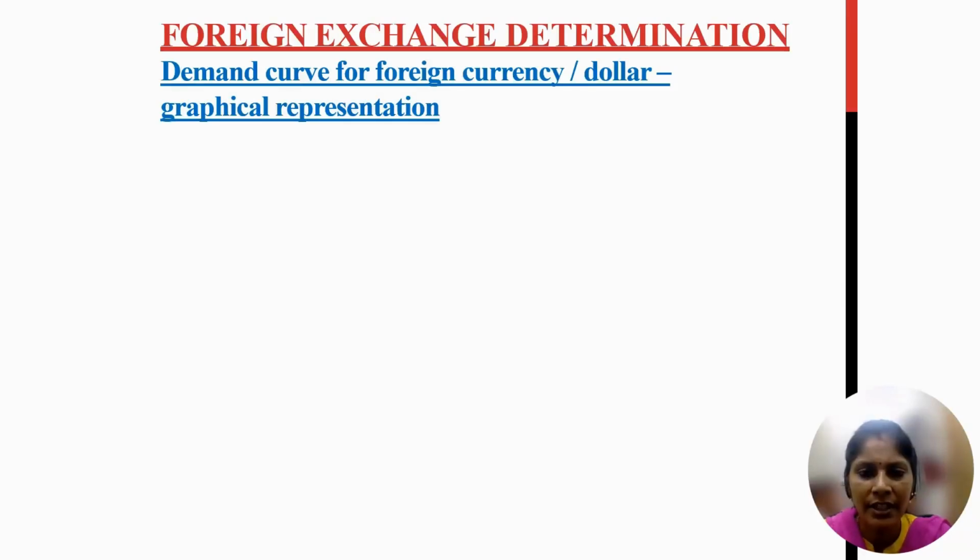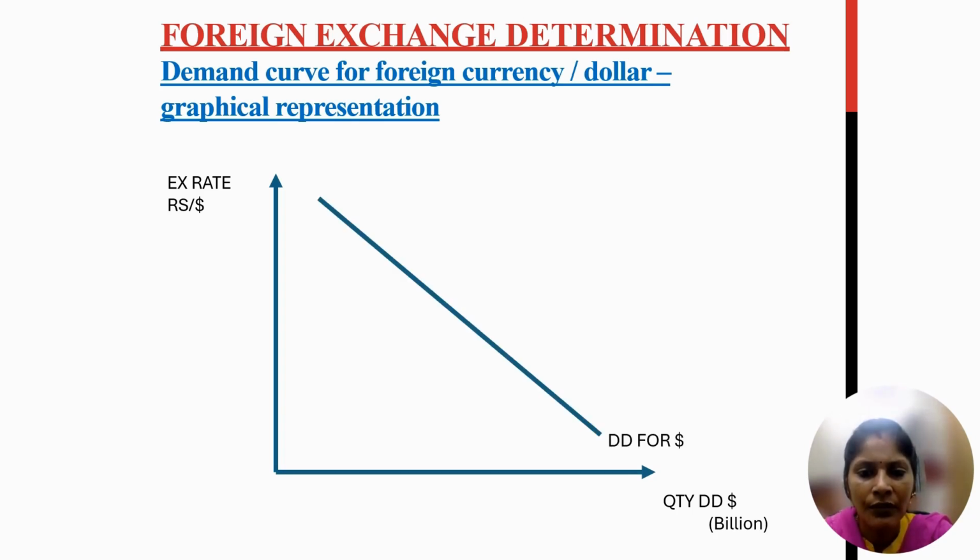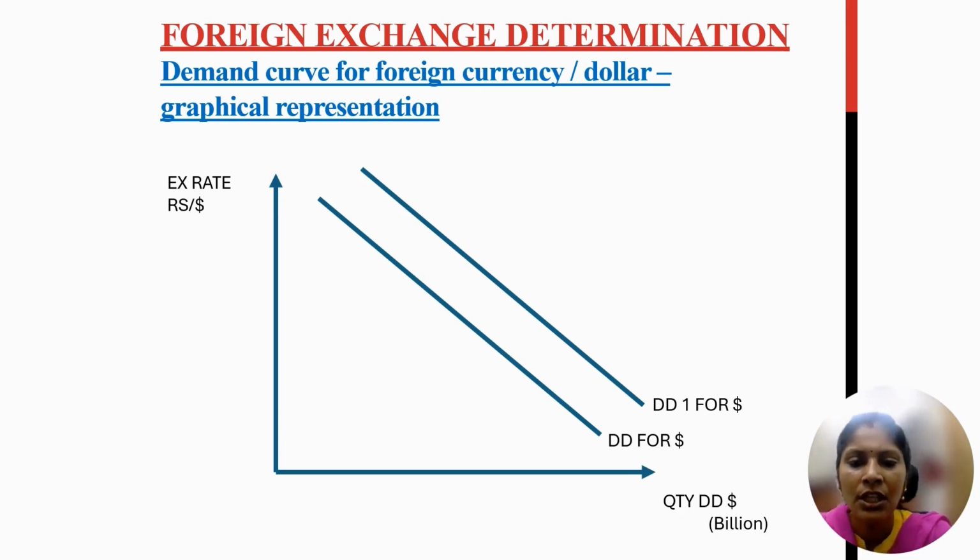In this slide, we can explain the shift in demand curve due to the factors that influence the demand for dollars. The x-axis shows the quantity demanded in $1 billion, and the y-axis the exchange rate, rupee per dollar. The existing demand curve DD for dollar will shift upwards whenever there is an increase in demand for dollars, due to the increase in the imports of goods and services.